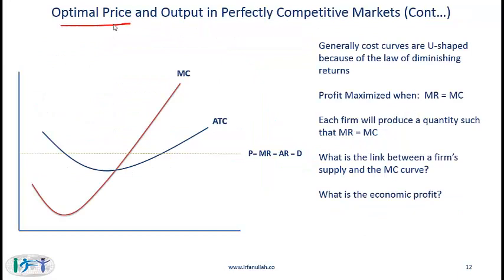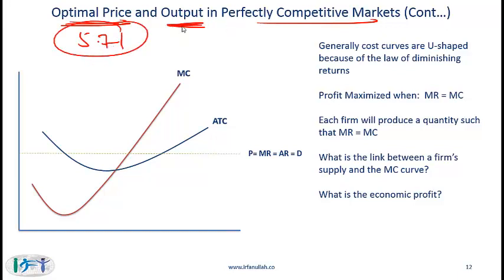Continuing with the concept of optimal price and output, here again I want to emphasize a point. The optimal price, when we talk about perfectly competitive markets, is defined by the market, and every company will take that price. In the example that we are considering, that price is 5.71.